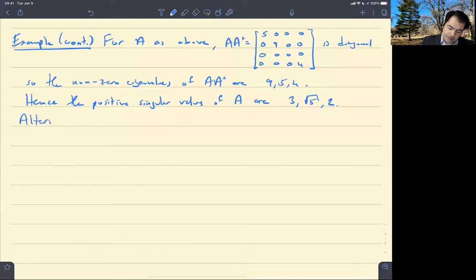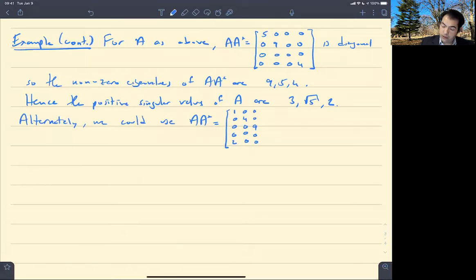Alternately, we could use A star, but A star in this case would be the matrix with entries 1 0 0 0 2 0 4 0 0 0 0 0 9 0 0 0 0 0 0 0 and 2 0 0 0 4.